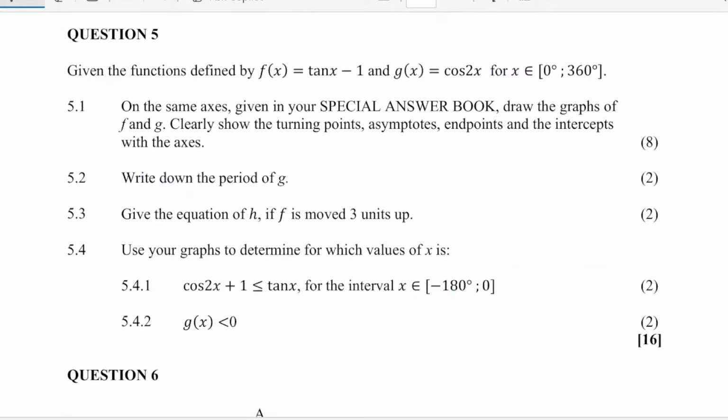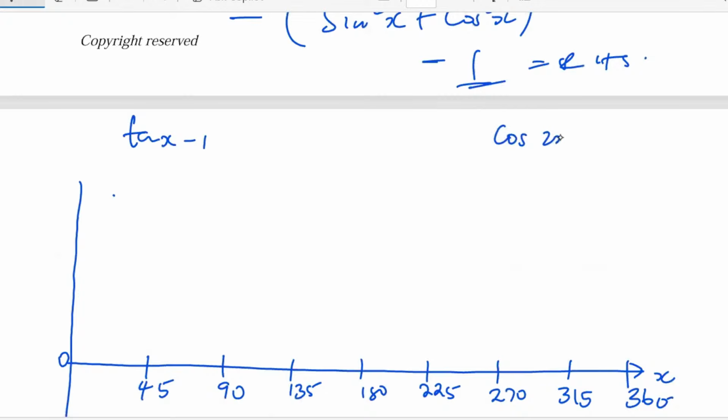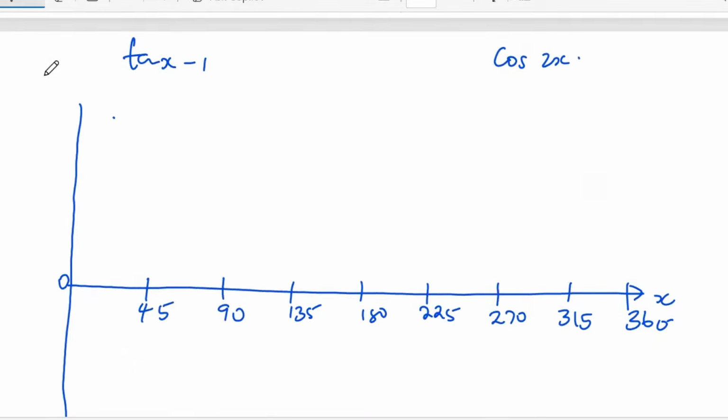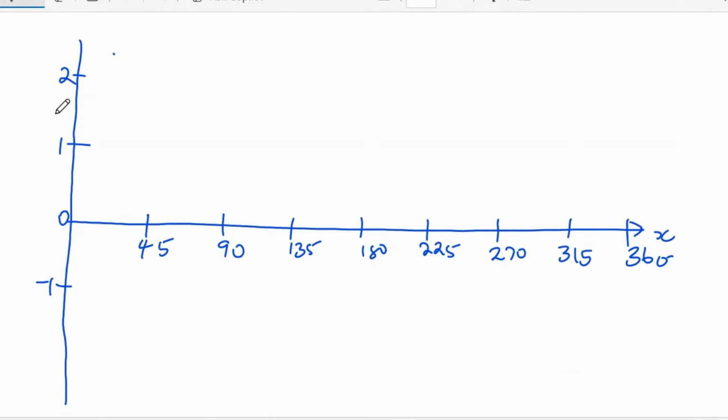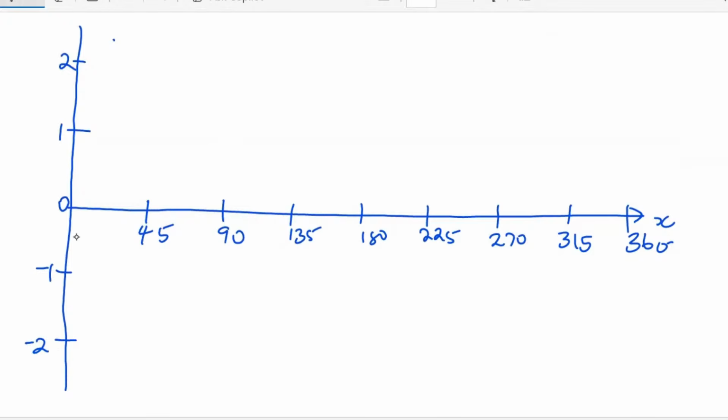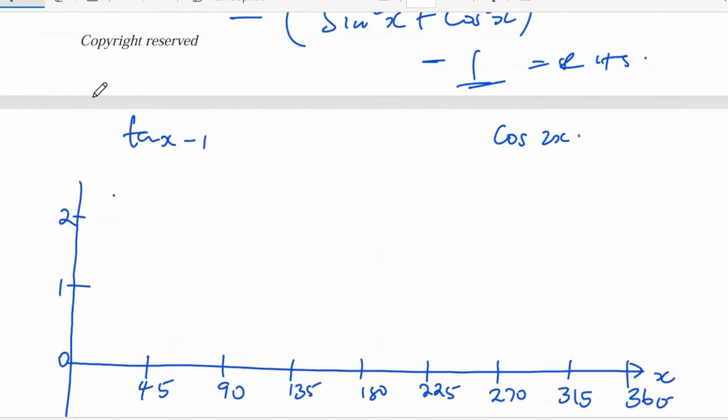The other one is cos 2x, meaning that the highest point the graphs can reach is just the 1. But just to cater for the tan, I'll just get it up until 2. So 1 and 2, -1, and then -2. Okay, so all I'll do is punch this into my calculator, using the table method. And then from there, I'll just do the plotting.